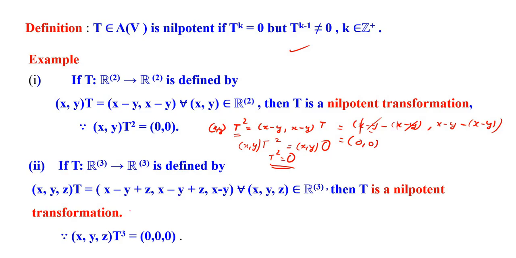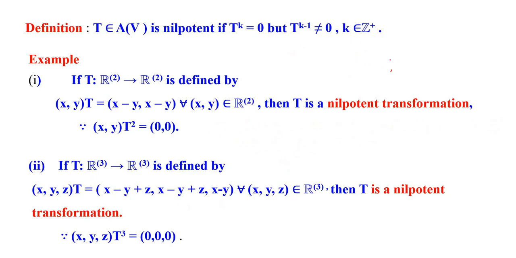So, we know that given a transformation, a matrix can be associated with it. In this case, the matrix would be 1 minus 1, 1 minus 1. And in the same way here, when we try to write the matrix of T, it will be 1 minus 1, 1, 1 minus 1, 1, 1 minus 1, 0.